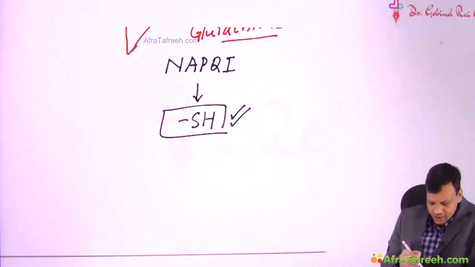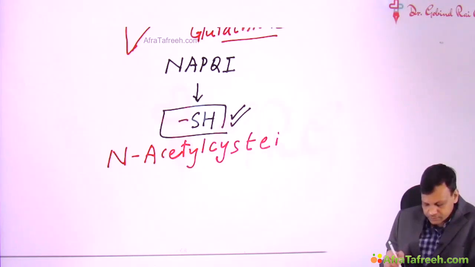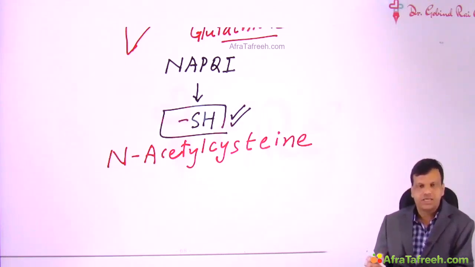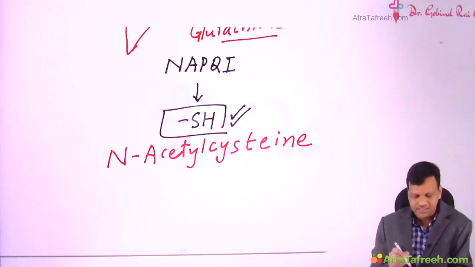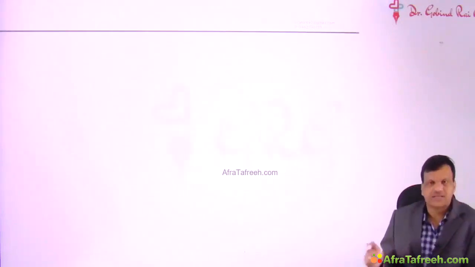It is by giving a drug called N-acetylcysteine. It is the antidote for paracetamol poisoning. It provides the necessary sulfhydryl groups that will neutralize the poisoning. So N-acetylcysteine is the drug of choice for paracetamol poisoning. So these are the important points regarding paracetamol.